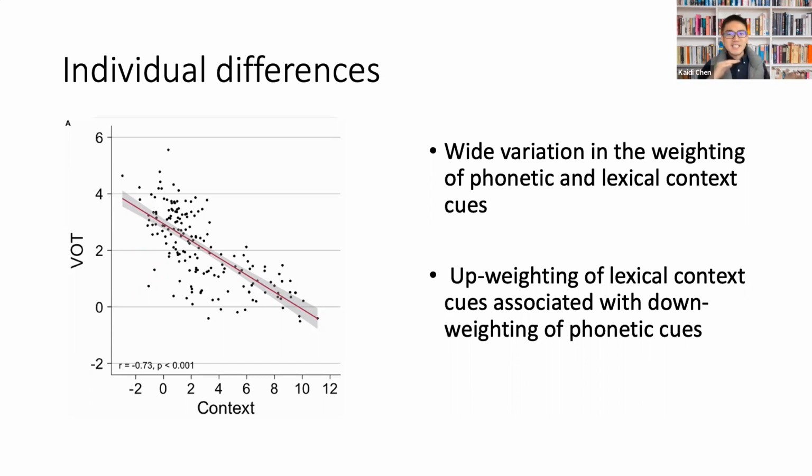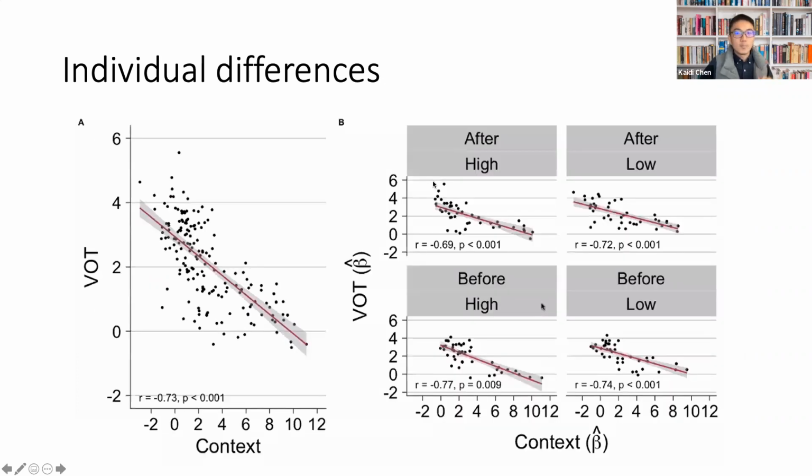But these two seem to come together, seem to come in tandem, such that upweighting of lexical context cue is associated with downweighting of phonetic cues and vice versa. Here on the right, 45 participants in each between subject cell, crossing high, low conflict and after, before condition.